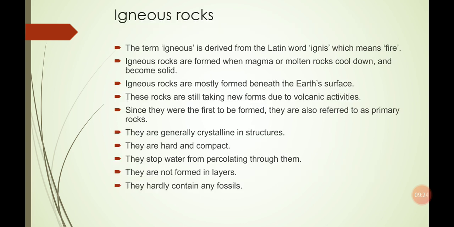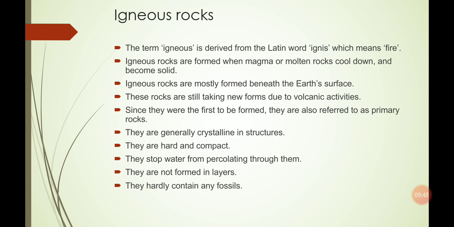Now let us start with the igneous rock. So what is igneous rock? The term igneous is derived from the Latin word ignis, which means fire. So the word igneous means fire. It is directly relatable to the temperature and heat.